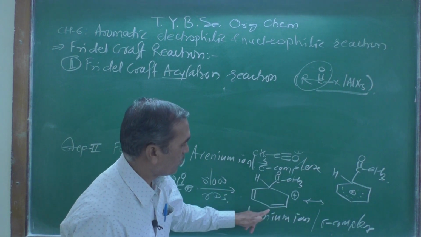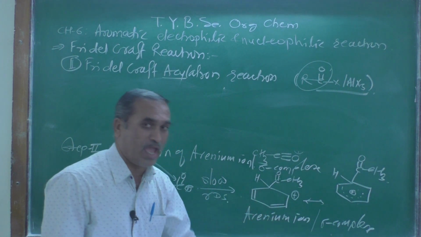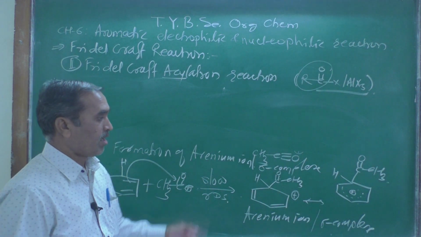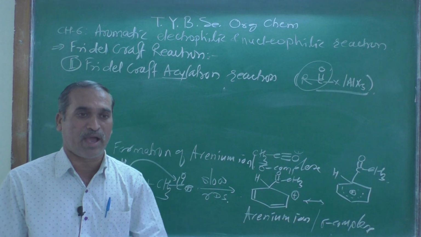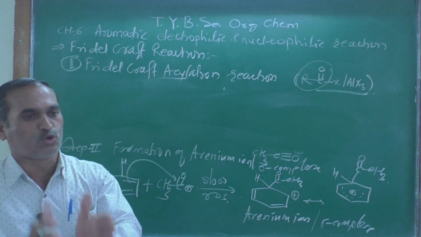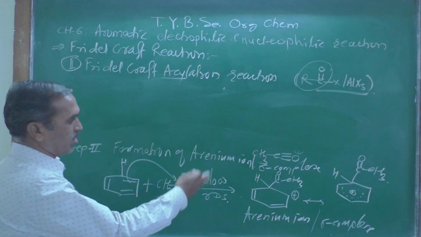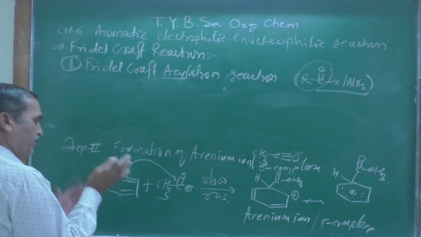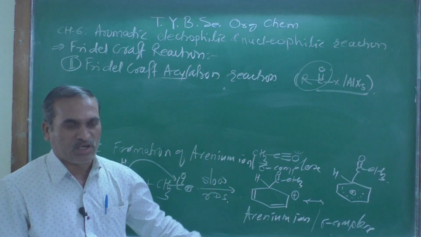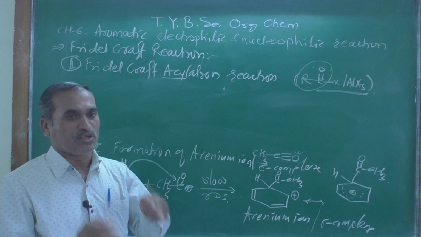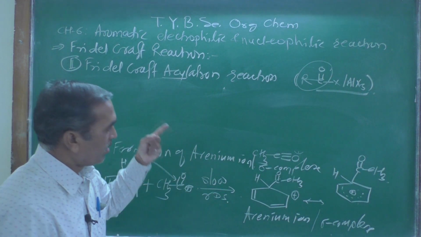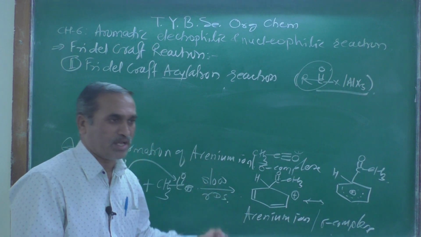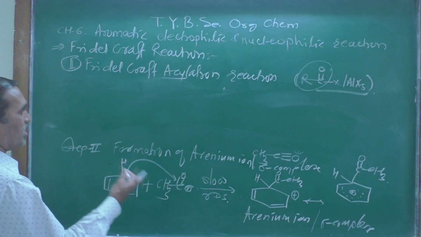The positive charge keeps shifting. Likewise that benzene carbocation, or the arenium ion, is well stabilized due to the resonance structures, and therefore even though it is a difficult step, it is a very essential, prominent step present in the Friedel-Crafts acylation reaction.